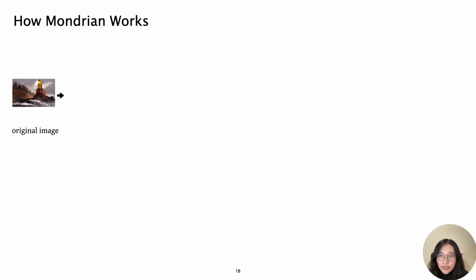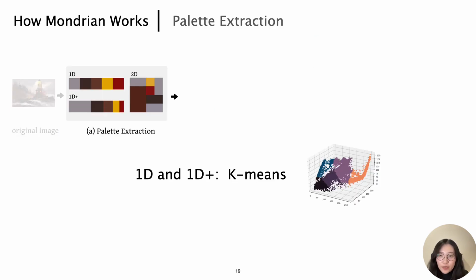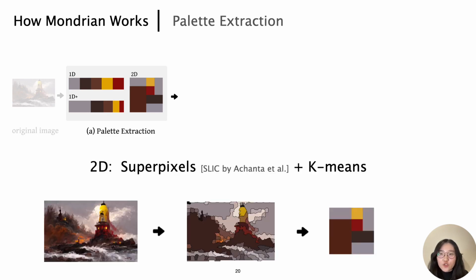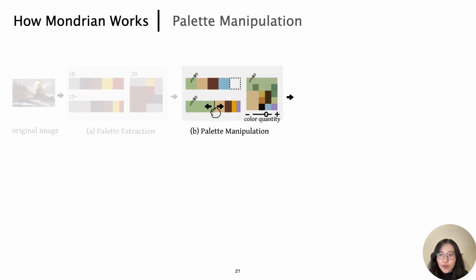Starting from an image, we first use the k-means clustering algorithm to extract the dominant colors with their proportions to construct the 1D and 1D plus palettes. For 2D palettes, we first obtain superpixel segments. Then for each segment, we find its most dominant colors. The Mondrian interface allows users to play with these palettes.